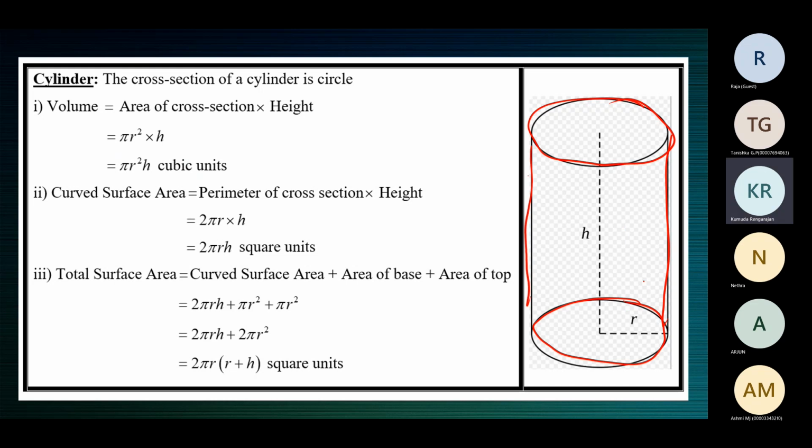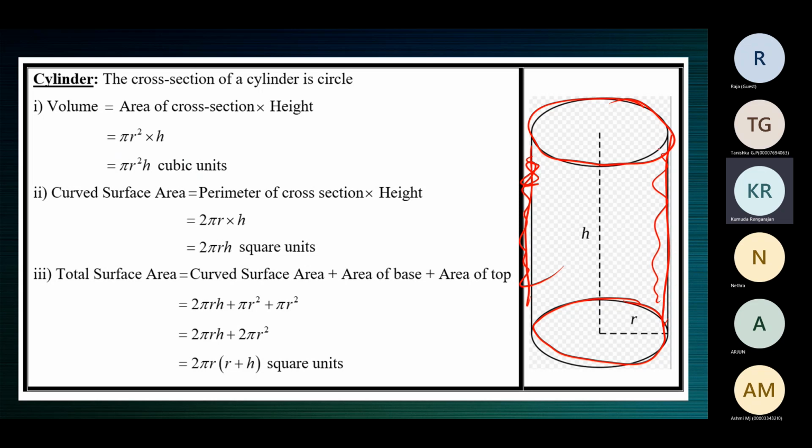In a cylinder, leave the circle on the top and leave the circle at the bottom. The curved body of the cylinder is the curved surface area.